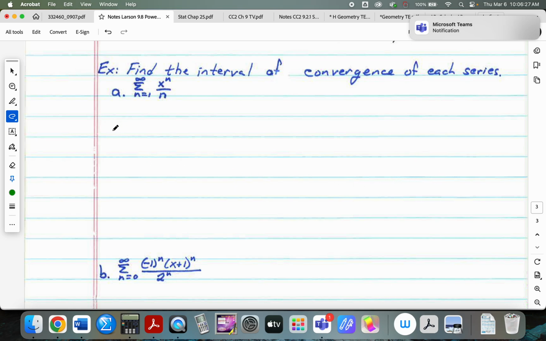So we'll start by finding the radius of convergence. So I'll take the limit as n goes to infinity of the absolute value of x to the n plus 1 over n plus 1 over x to the nth over n, which will be the limit as n goes to infinity of the absolute value of x times n over n plus 1.